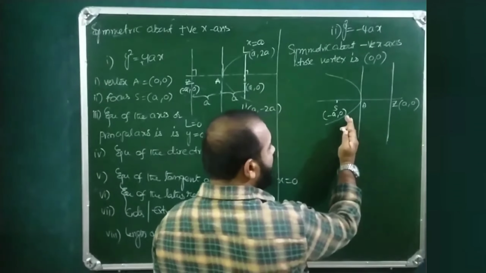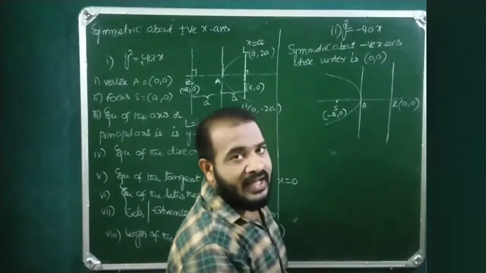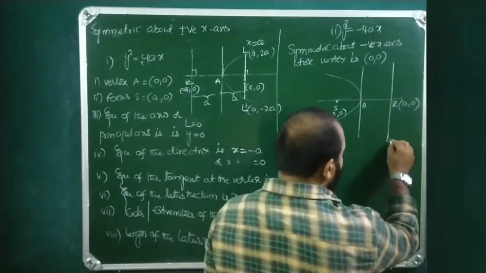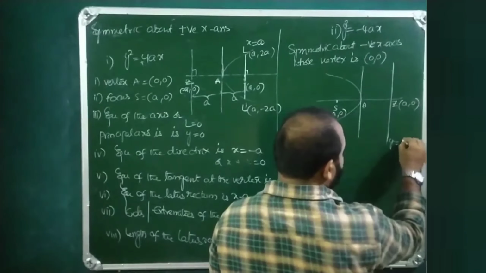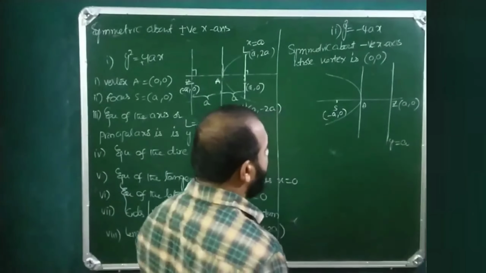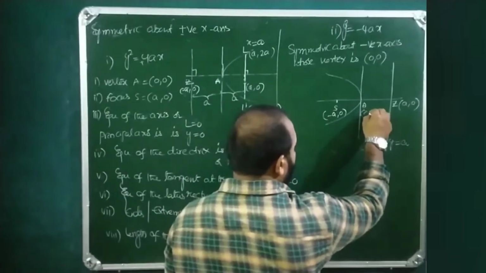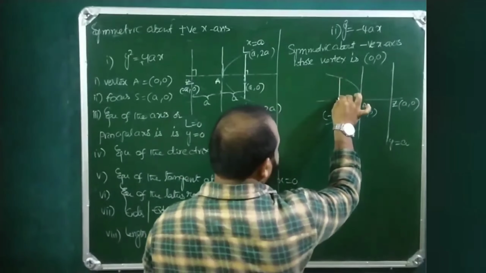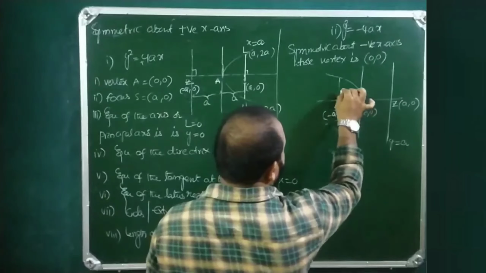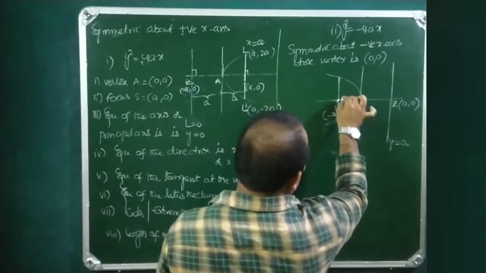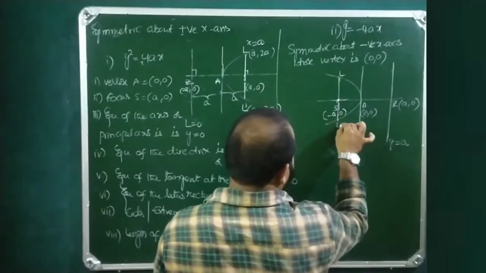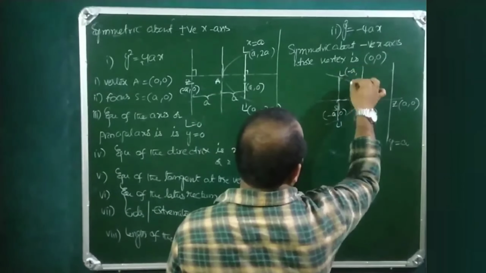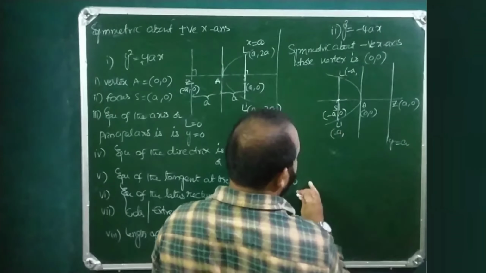Any vertical line is of the form x equals something. This is x equals plus a, and the vertex is at the origin 0, 0, and this is L dash. So this is minus a comma 0, here minus a, and this is also minus a.